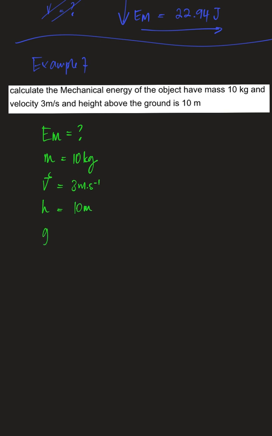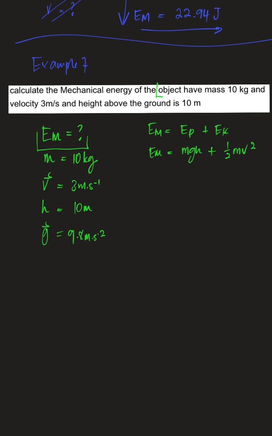And I know when I do these calculations, I'm going to need g, which is 9.8 meters per second squared. So in all of this, we want EM. So we have a formula. The formula is EM is equal to EP plus EK. So the EP at this point, remember we must expand. We must say EM is equal to mgh plus half mv squared.